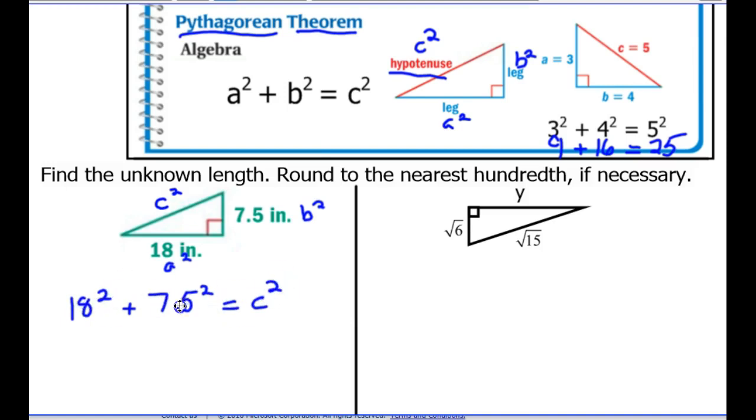So what we're going to do then is figure out what 18 squared plus 7.5 squared is. We can put this into our calculator. 18 times 18 gives us 324. So 324 plus 7.5 times 7.5 gives us 56.25.